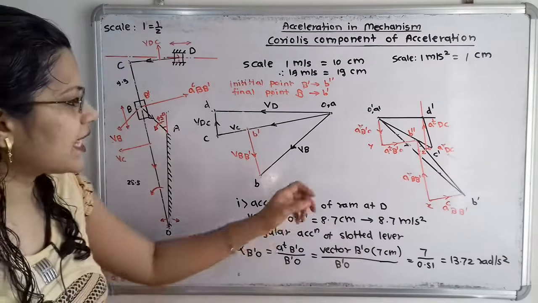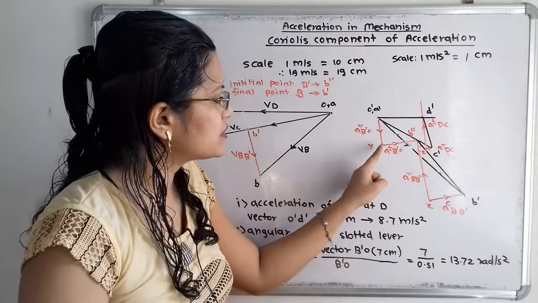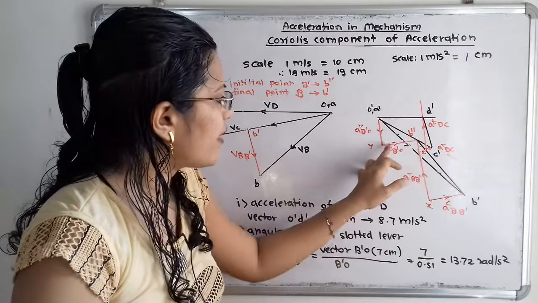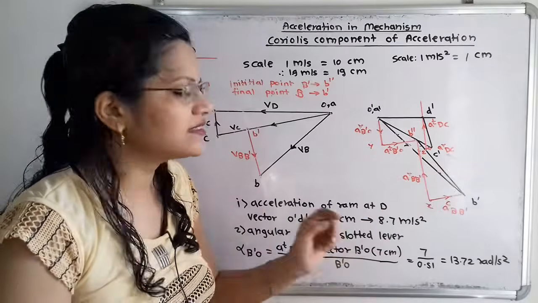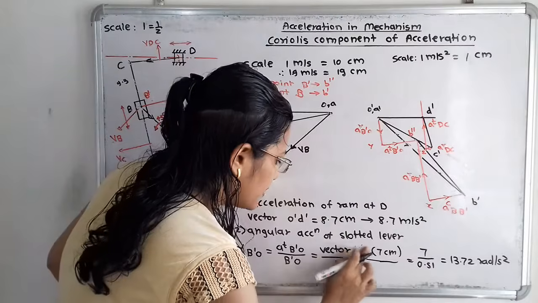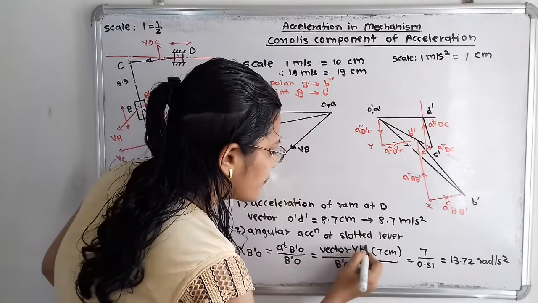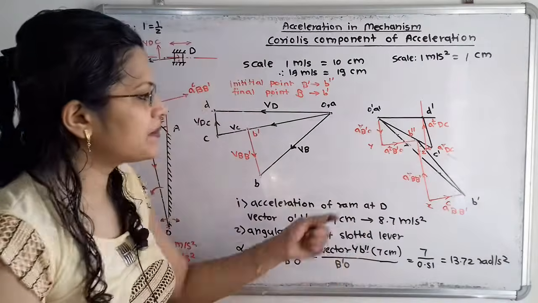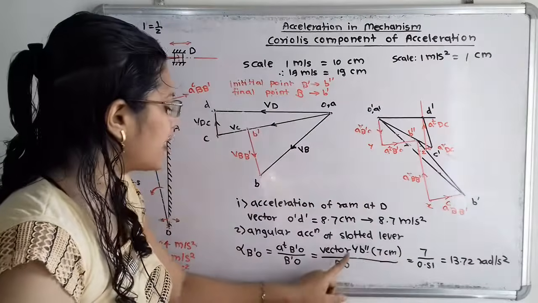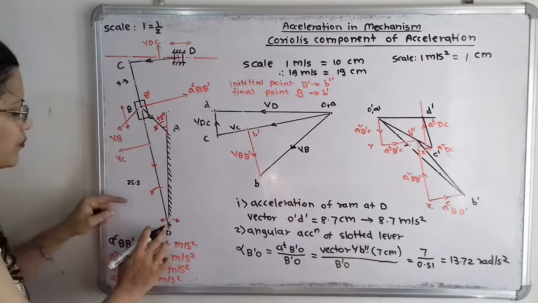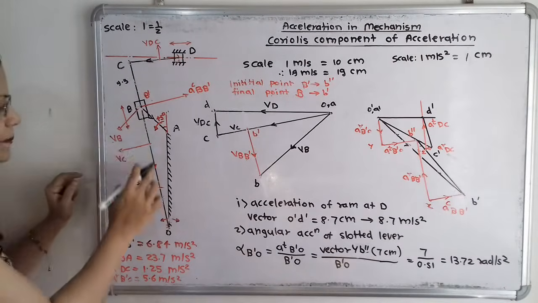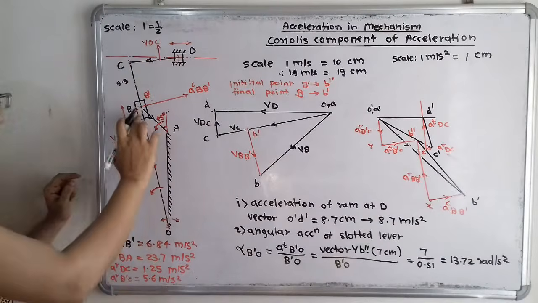So here what is the tangential component? We have to measure the vector Y to B double dash. If we measure this vector Y to B double dash, then its length is 7 centimeters. So as per scale, 7 meter per second square divided by the length B dash to O. This B dash to O, we know, is 51 centimeter if we measure on the scale.